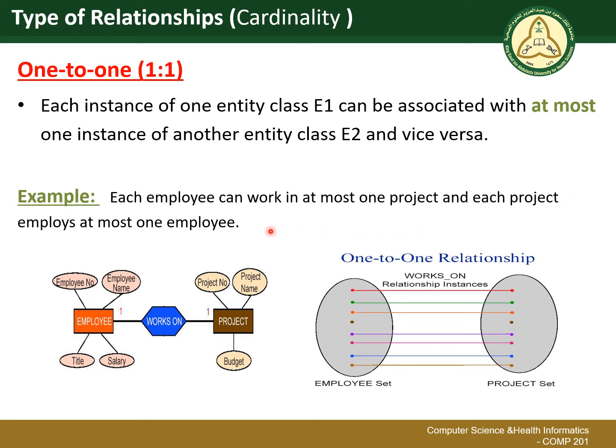Each employee can work in at most one project, and each project employs at most one employee. It means that some of the employees will be working in one project for each one of them, and some of the employees will not have any project.